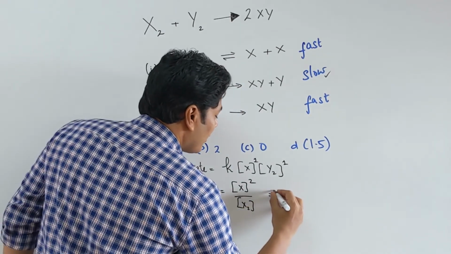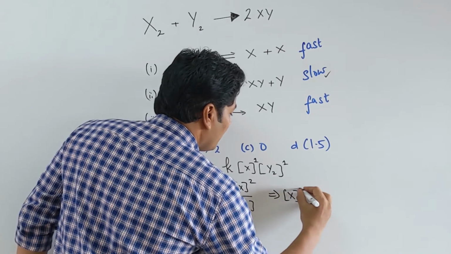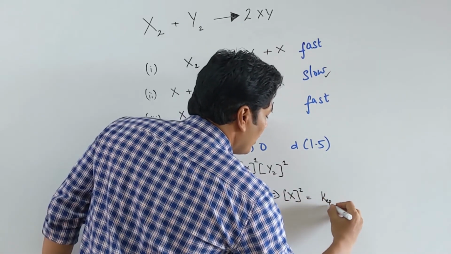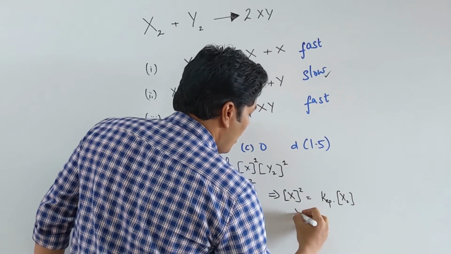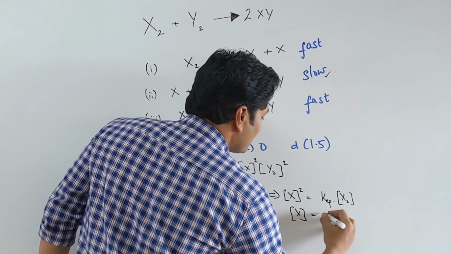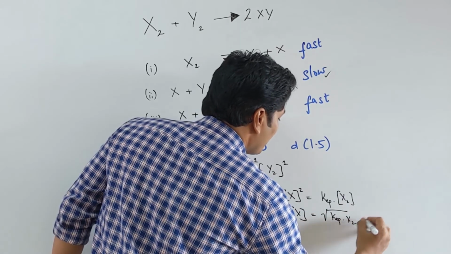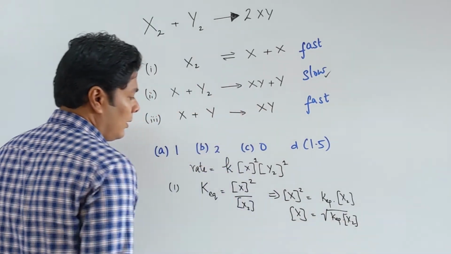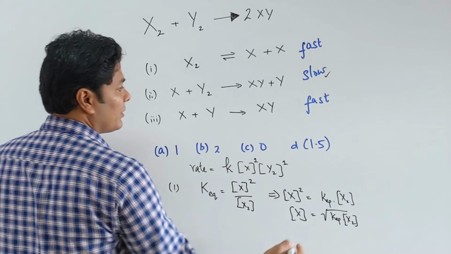So from this what we can write is X squared equals K equilibrium times the concentration of X2, or X equals the square root of K equilibrium times X2. Now that we have this, we can substitute for X in our rate equation.